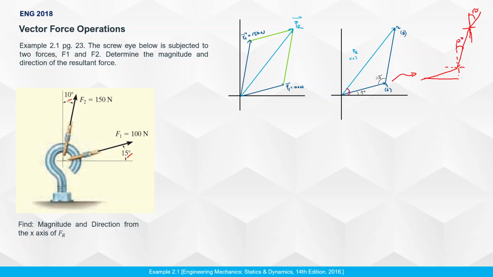This one, you know it's 15 degrees, the opposite angle is 15 degrees, which would leave you 90 degrees. So the total angle here is 90 plus 10 plus 15, which equals 115 degrees. Okay? And from there, you can apply the cosine law to solve your resultant force, the magnitude at least.